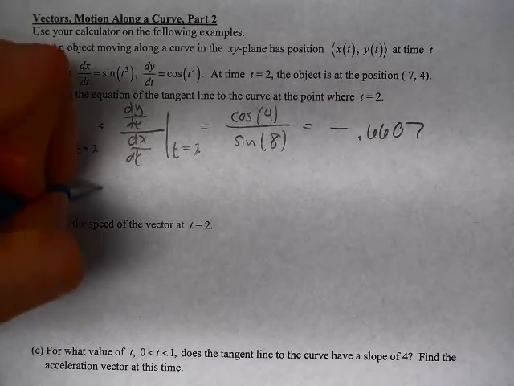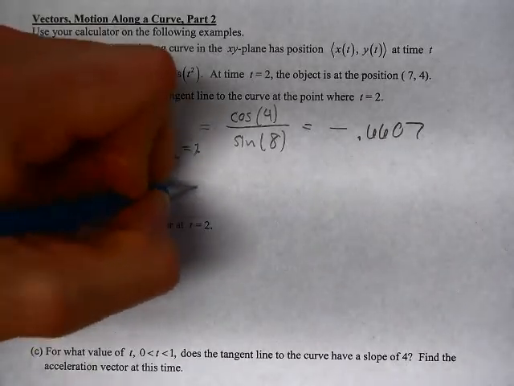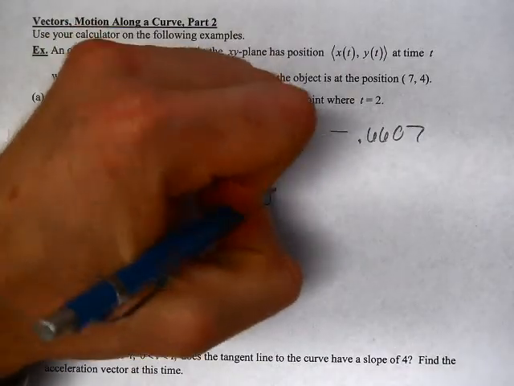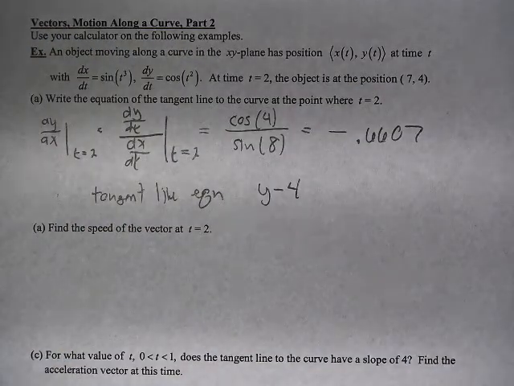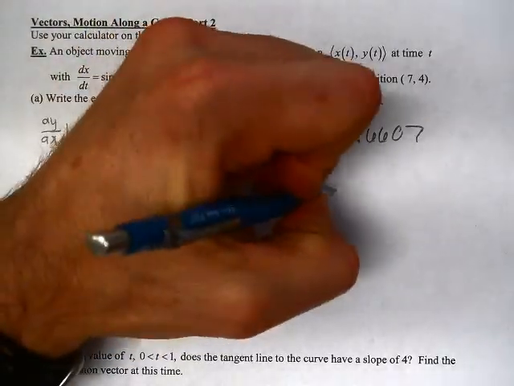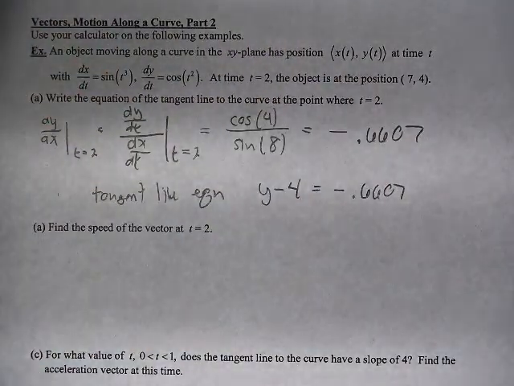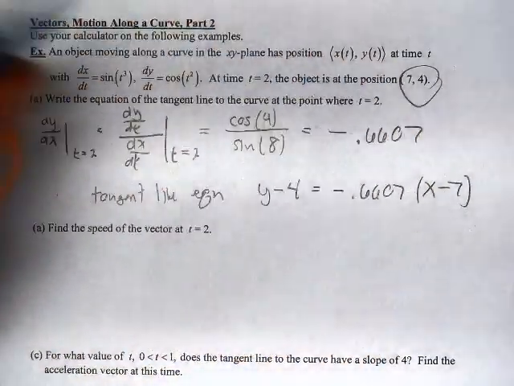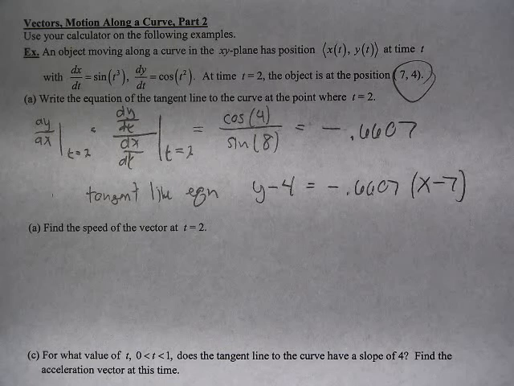The tangent line equation is simply y minus 4 equals the slope, negative 0.6607, times x minus 7, because they told us that the point was located at (7, 4) at that time.